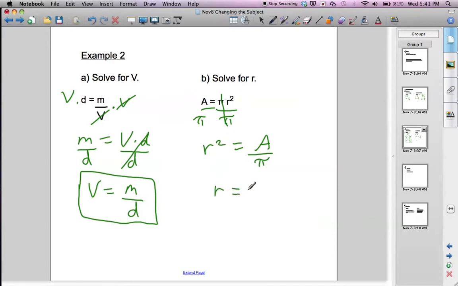Now we don't need to take the positive and negative square root because it's a radius. It can't be a negative number, so it's just going to be the positive square root of A divided by pi. So if you're given the area of a circle, you can calculate the radius by doing area divided by pi and then taking the square root. That's how you find the radius of a circle given the area.